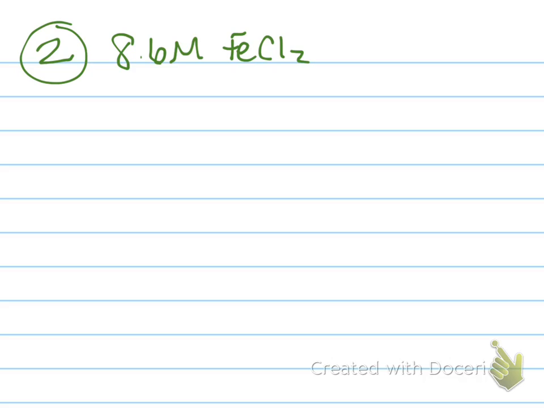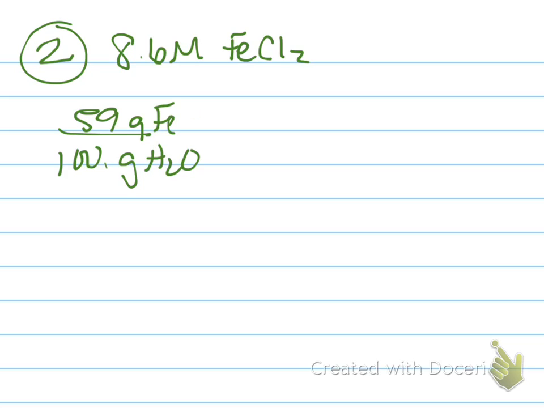So what one student decided to do was say, well, if I had a saturated solution of this, what would its molarity be? So basically attack it like you did the last problem, and looking at iron 2 chloride at 10 degrees, for every 100 grams of water, we can dissolve 59 grams of iron 2 chloride.